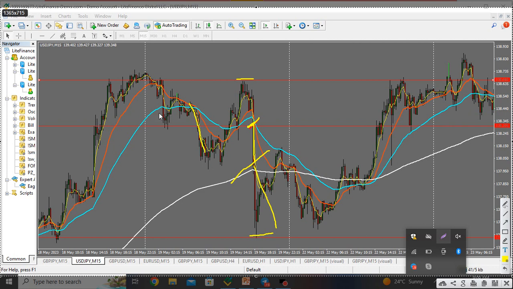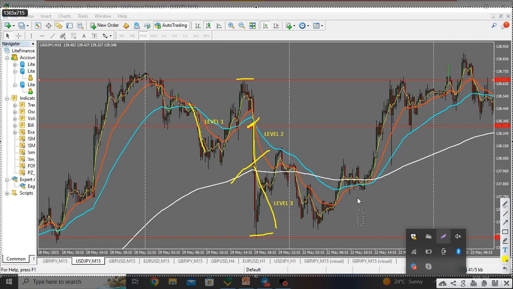After the Asian session comes the London session, then the New York session. So this is level 3, you should keep this in mind. This is level 2. This was level 1. So you should be cautious with this.